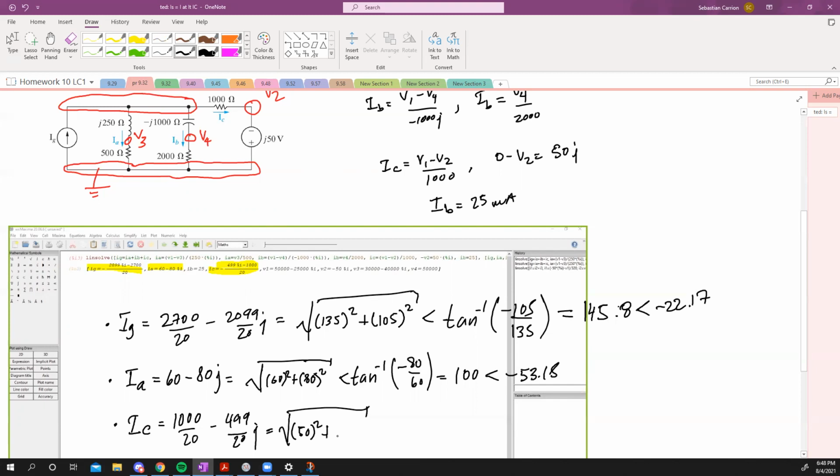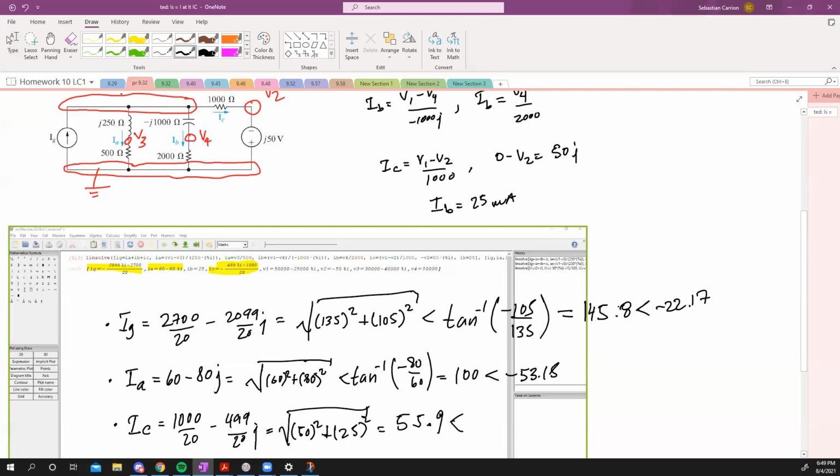I'm going to say this is 25 just to make the answer exact. Square root of 50 squared plus 25 squared gives 55.9.